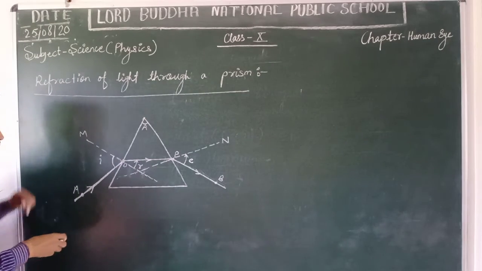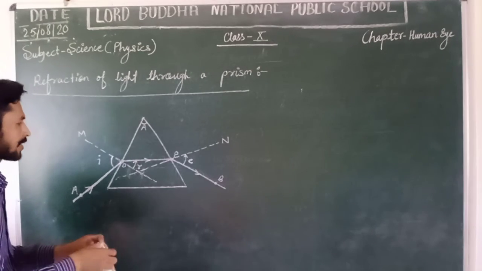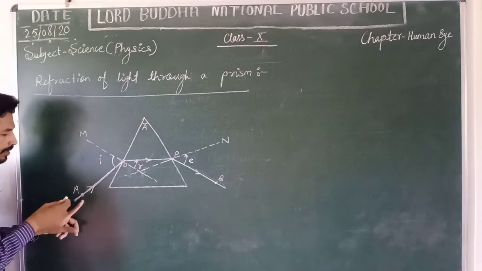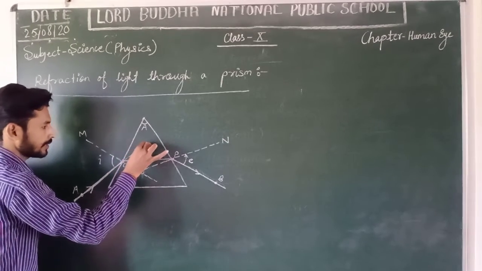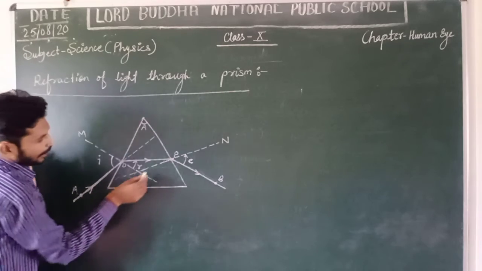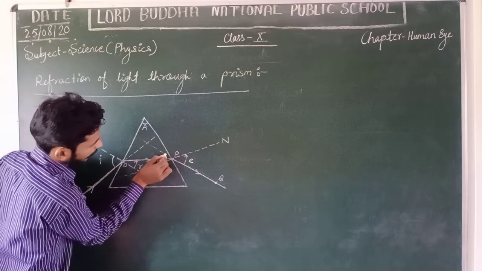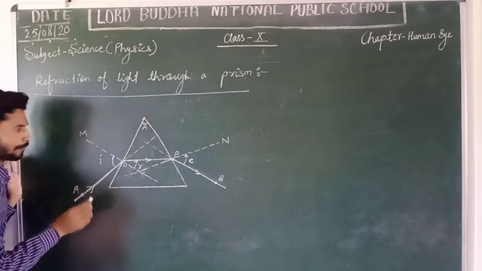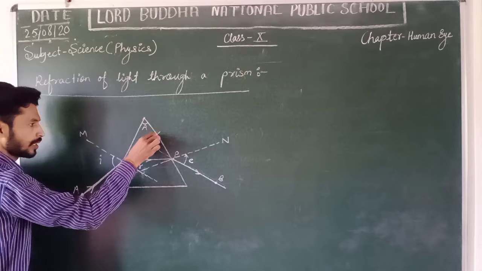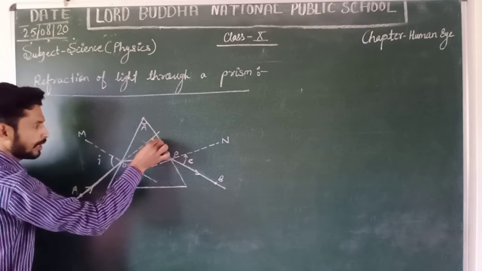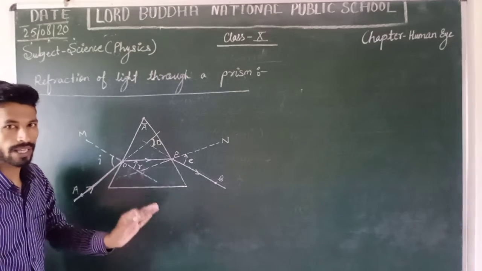Suppose we extend the incident ray like this, and the emergent ray is extended in the backward direction, then here there will be an angle. This angle is denoted by D and is known as the angle of deviation.